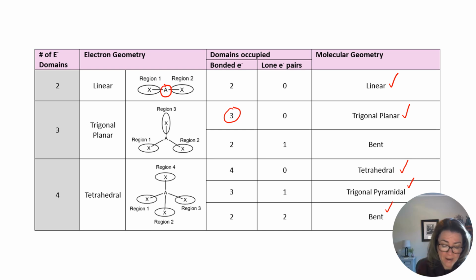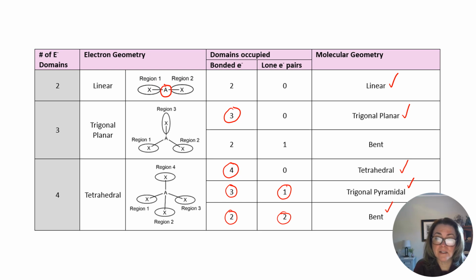If I have 4 bonded atoms around that central atom, that is going to give me a tetrahedral shape. If I have 3 bonded atoms and 1 lone pair around that central atom, that's going to give me a shape of trigonal pyramidal. And if I have 2 atoms and 2 lone pairs around that central atom, that is going to give me a bent shape.